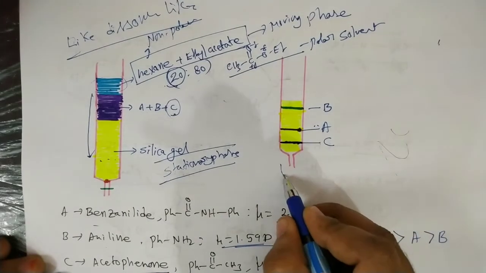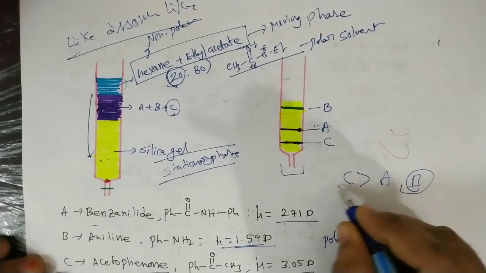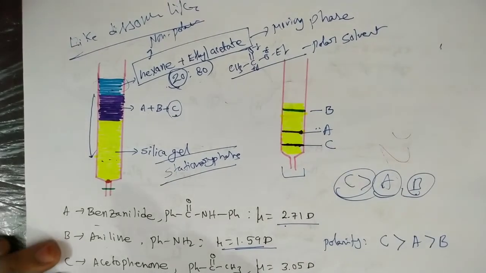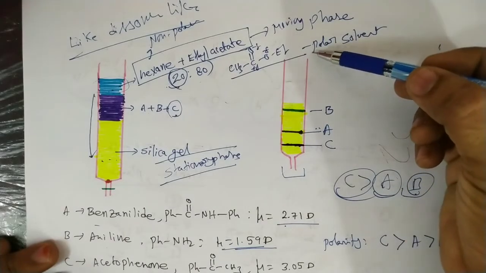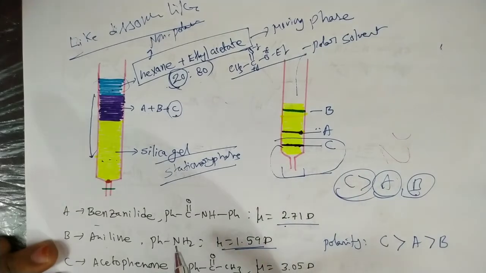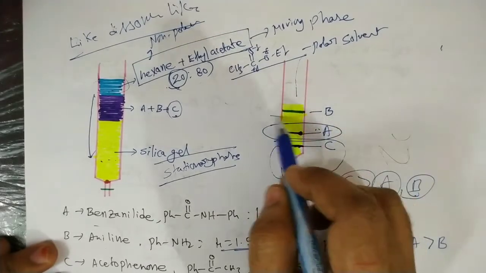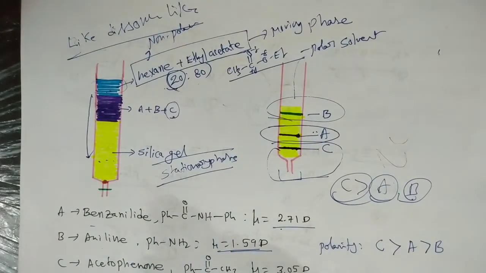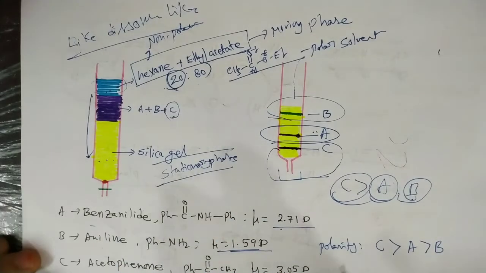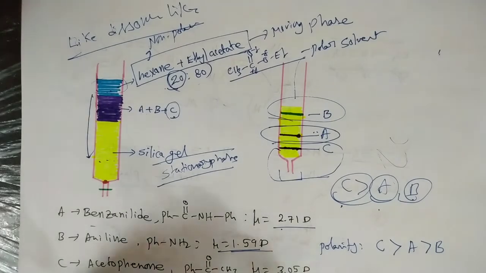So the order of compounds obtained is C first, next A, and finally B. By adding excess solvent we can get these fractions. First we get the fraction of compound C, next the fraction of compound A, and next the fraction of compound B. So the sequence of compounds obtained in this separation technique is C first, then A, and then B.